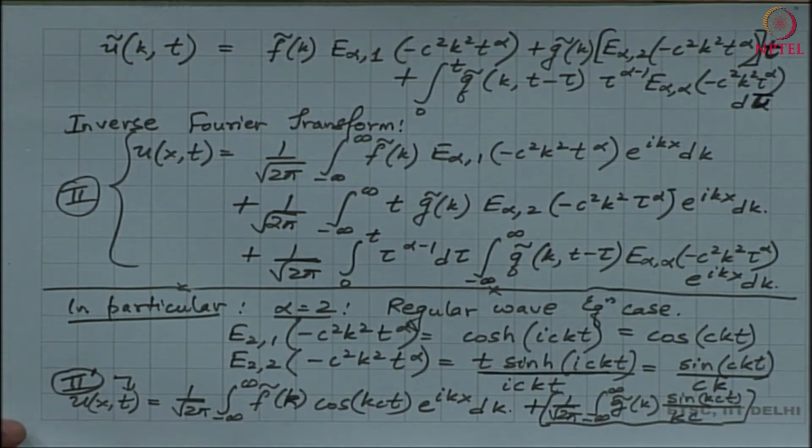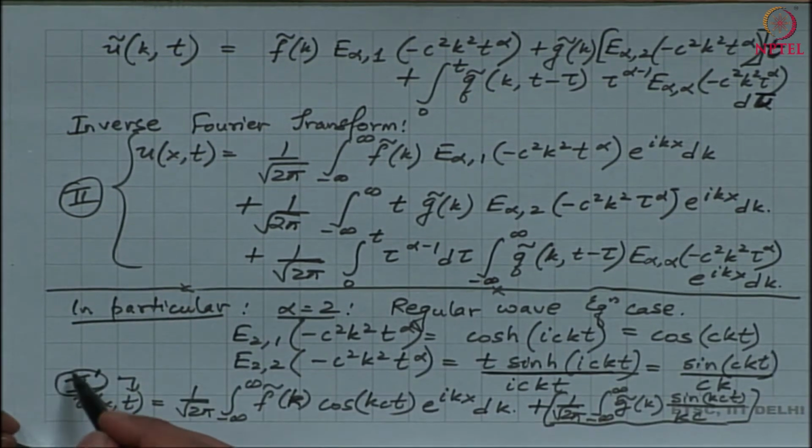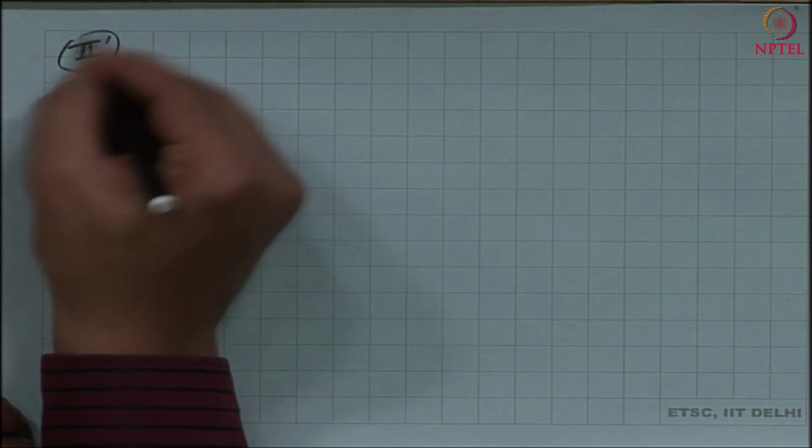Let me just continue this expression in the next page. What I have shown here is the following. Let me write down this 2 prime again. So my solution is as follows.